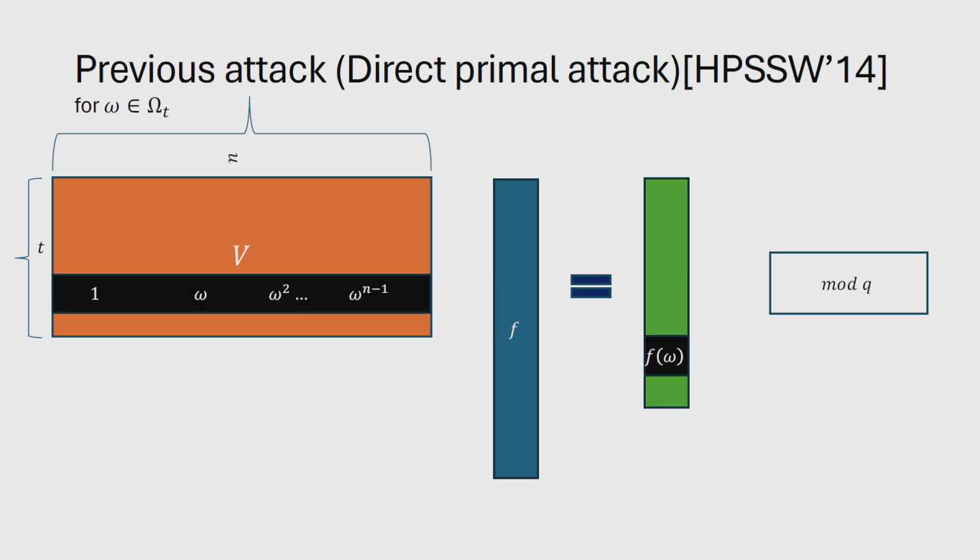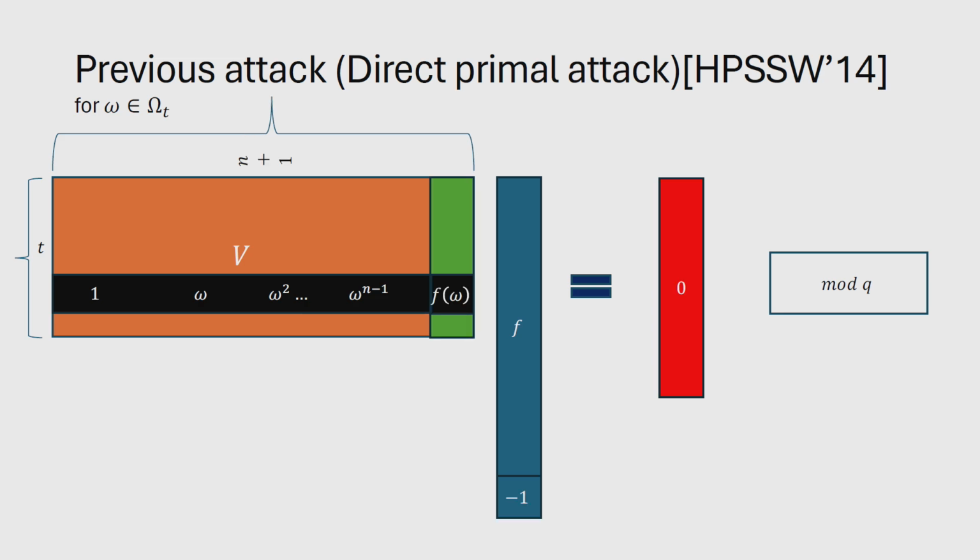And the vector b is now the evaluations of the hidden polynomial, which is known as a part of the problem. So going from inhomogeneous to homogeneous is quite easy. We just include the evaluation inside the matrix. Now, instead of looking for a vector little f, we are now looking for a vector little f concatenated with -1. And in the right-hand side, you have this null vector.